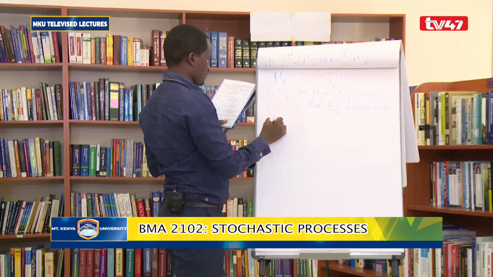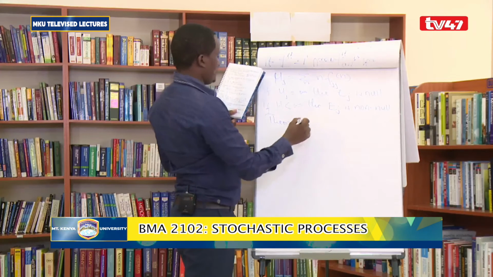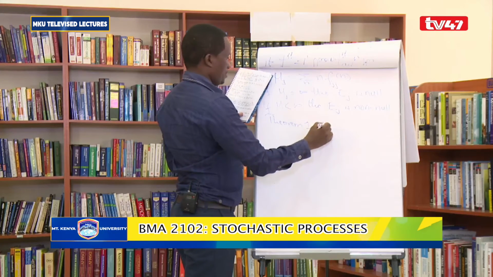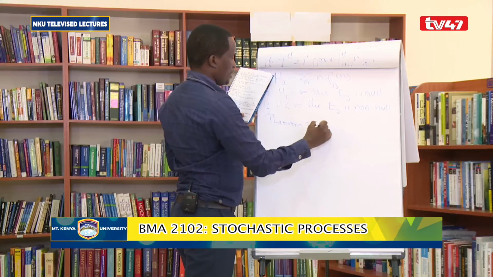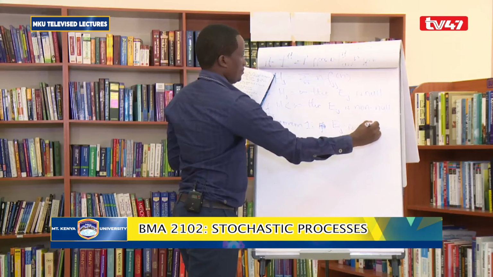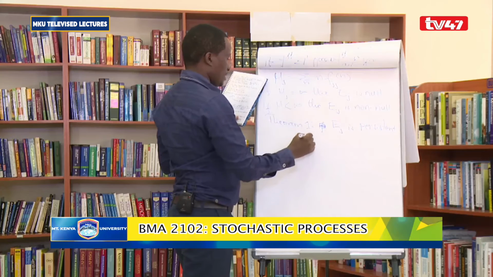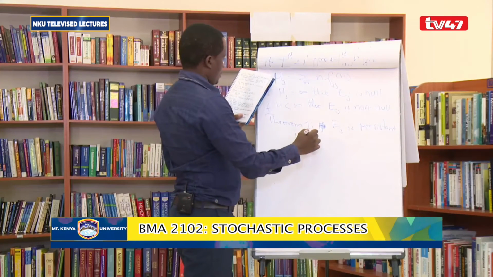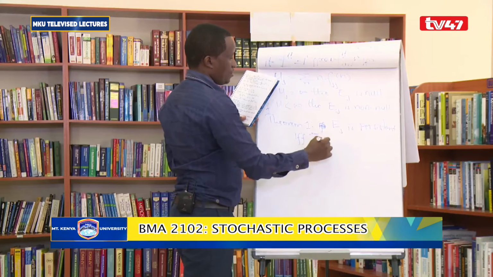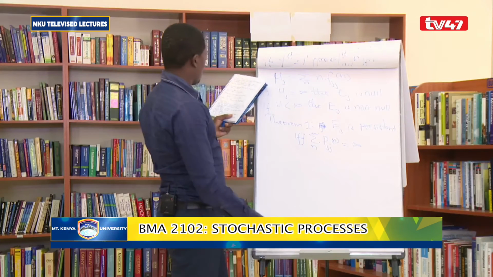Theorem 1. State j is persistent if and only if the summation over all n of p_jj^(n) is equal to infinity.